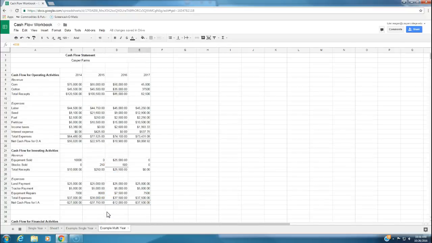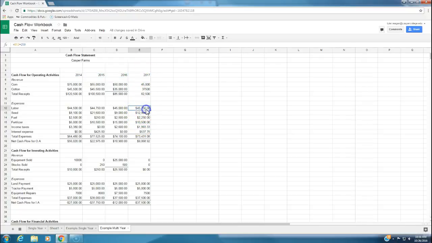So it shows how 1 year will affect the next year, or 1 month can affect the next month a lot of times in these cash flow statements. The next thing that I wanted you to see is how you can use previous years, say 2014, 15, and 16, to try and predict 2017.